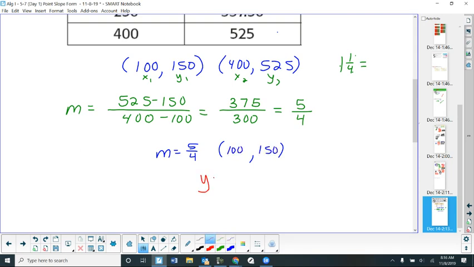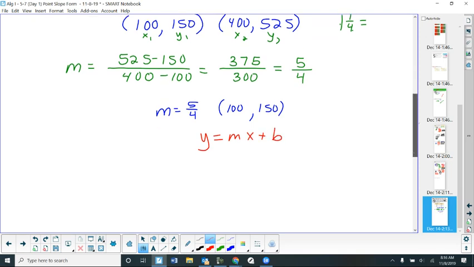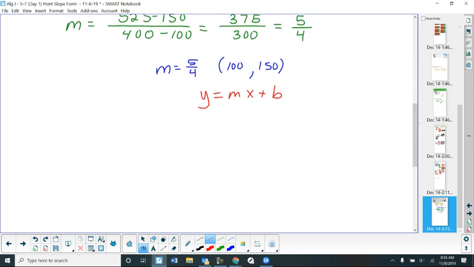So we're going to go into y equals mx plus b. What do you want to plug into y? 150. Okay, this is the point x, y: 100, 150. m is 5/4. X is 100, plus b.